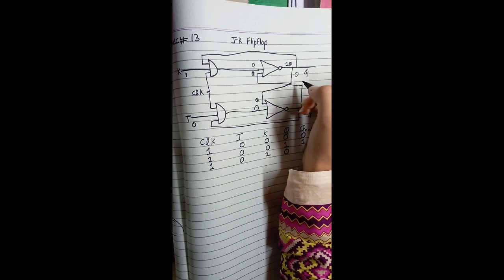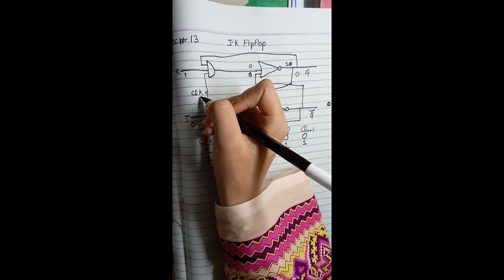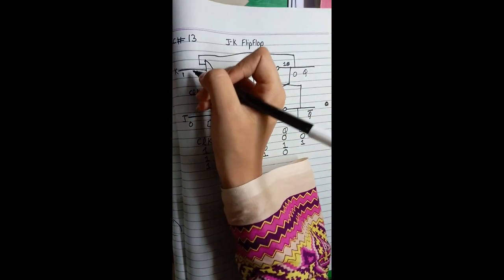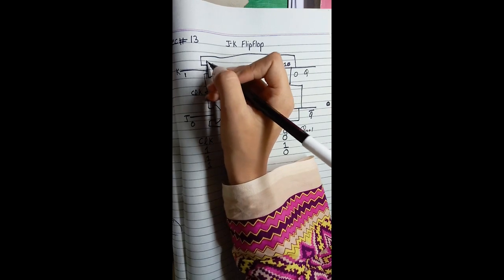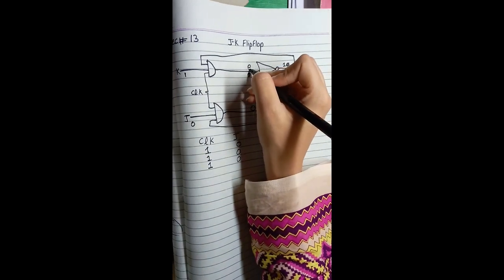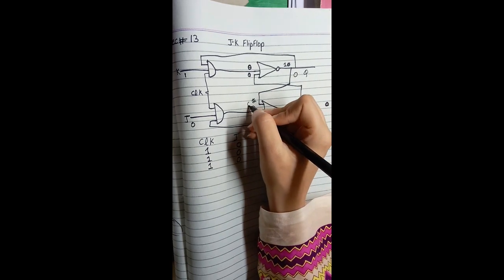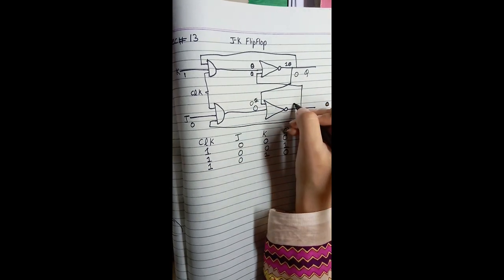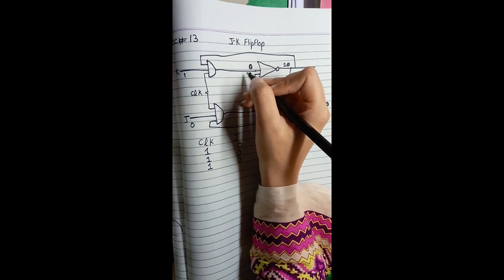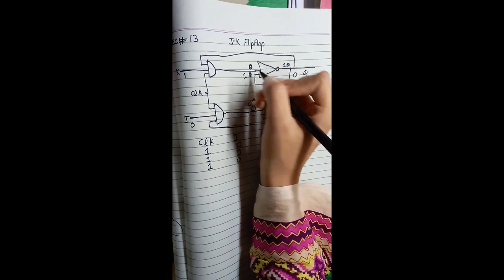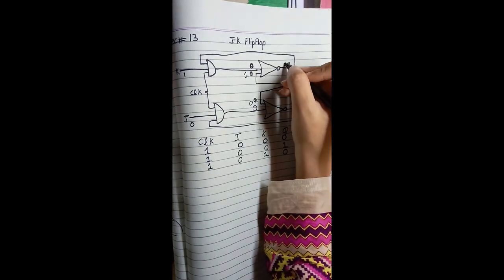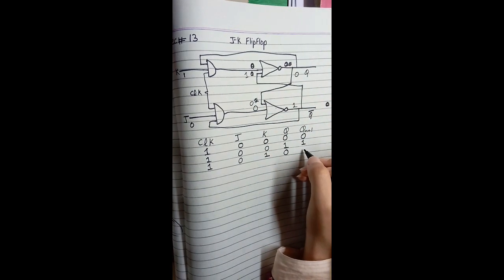Now we are taking Q as 0. So this is 0, this is 1, and the clock is also 1. When this 0 goes here, according to the AND gate we will get the answer 0. So we are taking 0 here. 0 and 0 will give us 1. This 1 will go here as the input, and we have 0 already, and 1 and 0 will give us 0. So our answer will be 0.